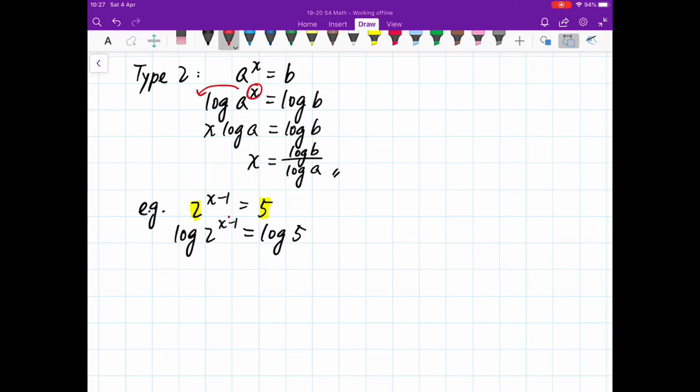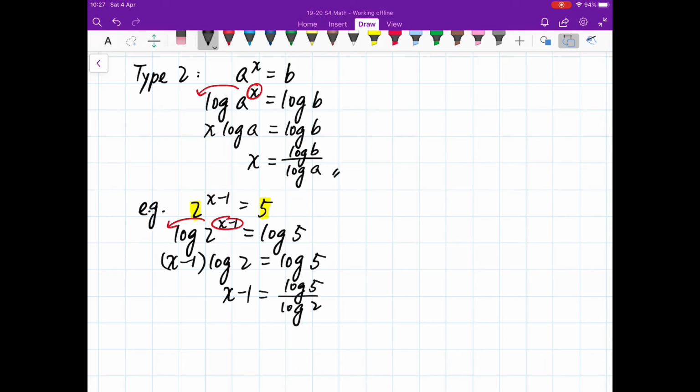And afterwards, put the power x minus 1 in the front, so that we have x minus 1 equals log 5 over log 2. And finally, x is equal to log 5 over log 2 plus 1.